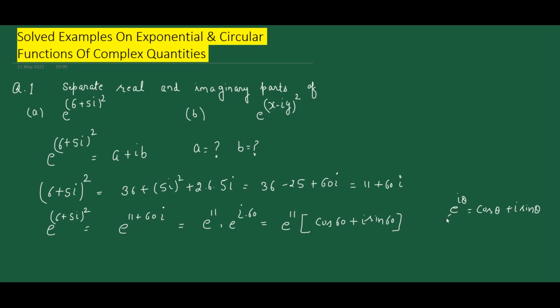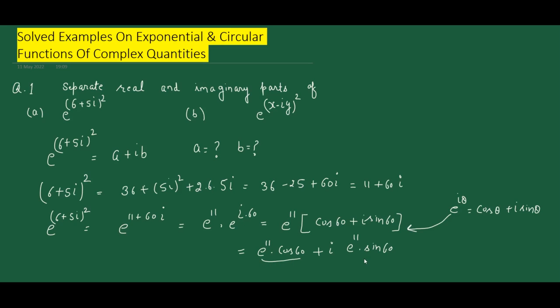So we are using this here. Now you can open the bracket: e raised to power 11 times cos 60 plus iota e raised to power 11 times sine 60.